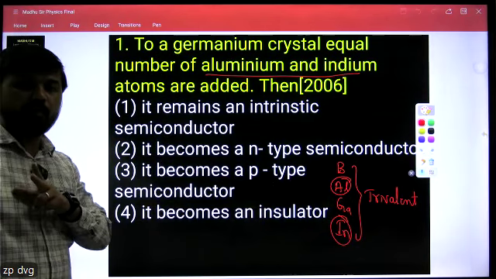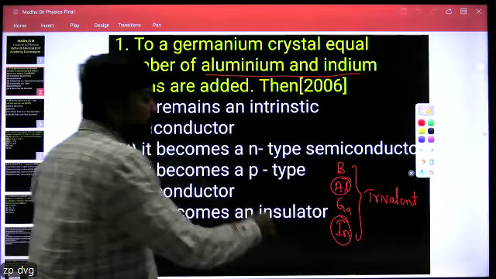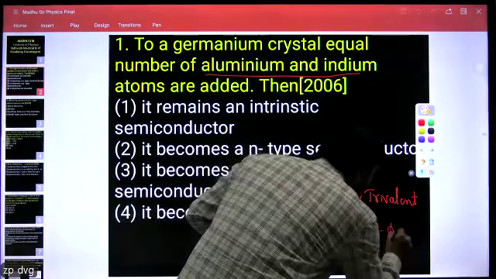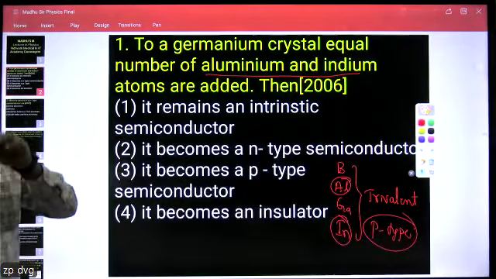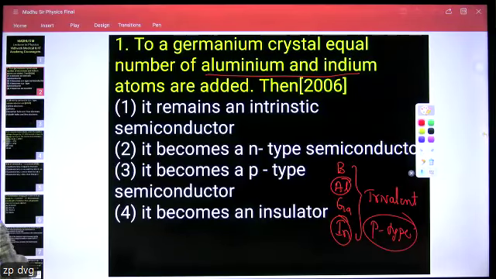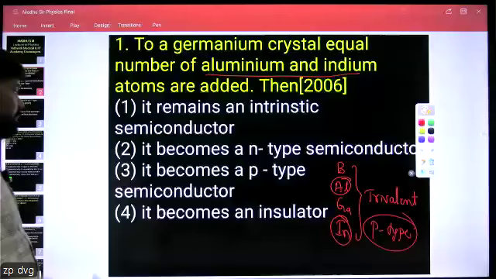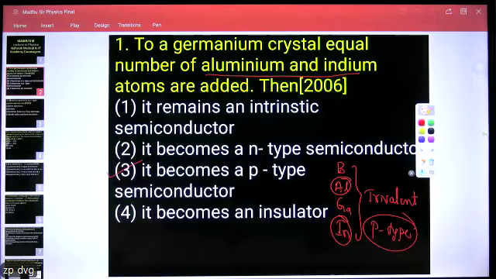Pure becomes impure, and we get a p-type semiconductor. Yesterday I said p-type semiconductors are formed by what? Trivalent impurity atoms. That's why it becomes p-type. So the correct option is option 3.